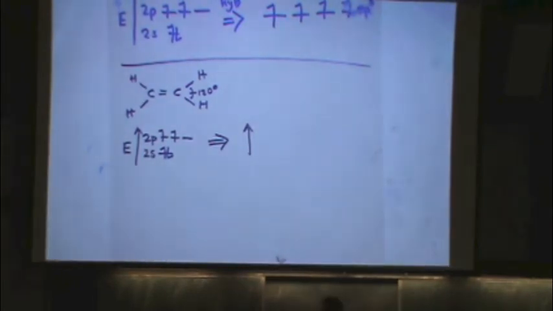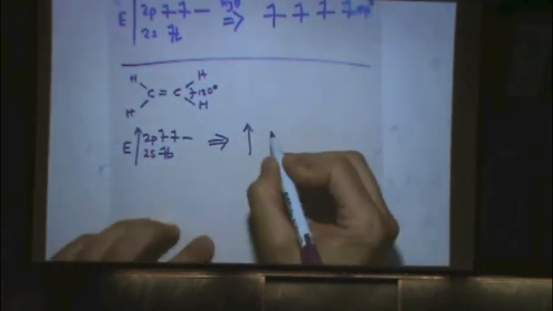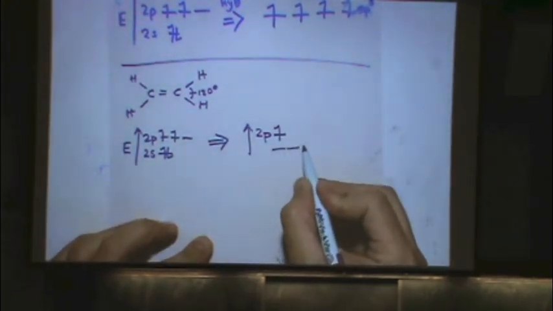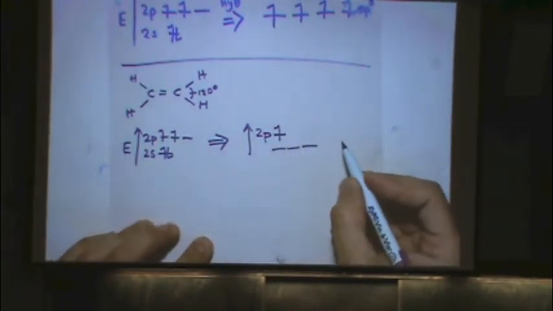In this case, instead of mixing all four orbitals together, we're mixing one of the s orbitals and two of the 2p orbitals together. And we're leaving one of the 2p's unhybridized. So one of those 2p's I'm not going to touch. I'm going to leave it all by itself. But the other three I'm going to mix together to make three new orbitals.